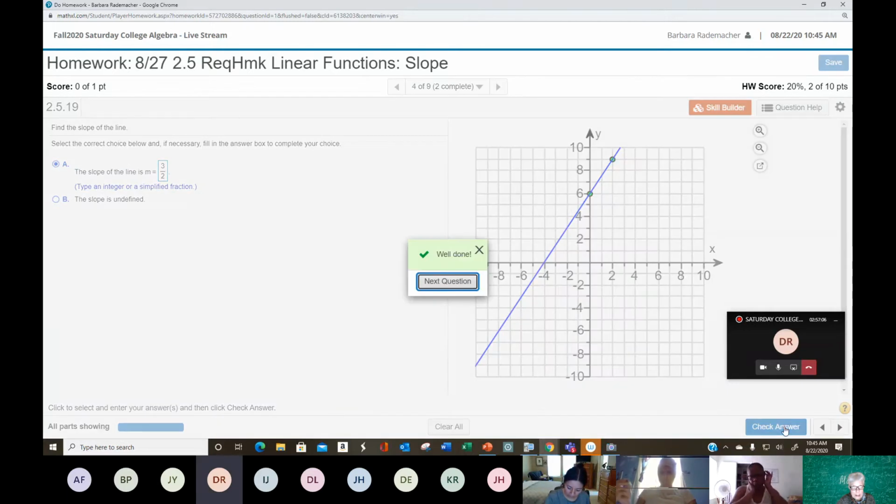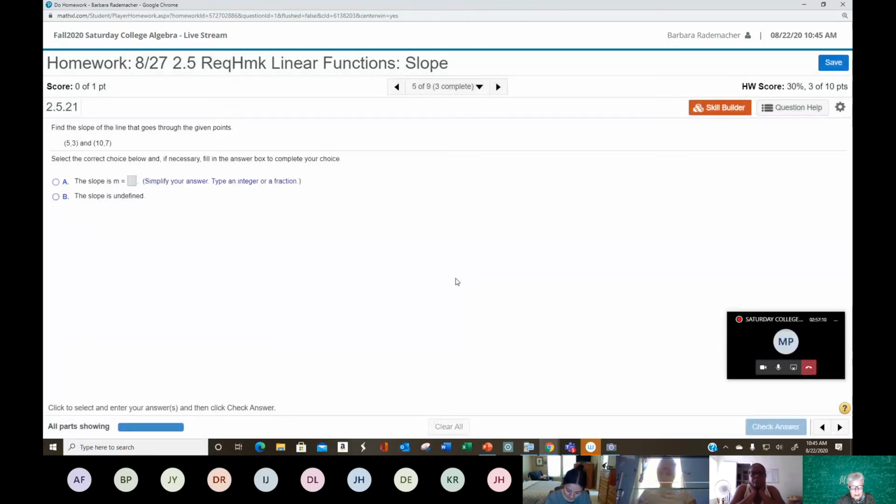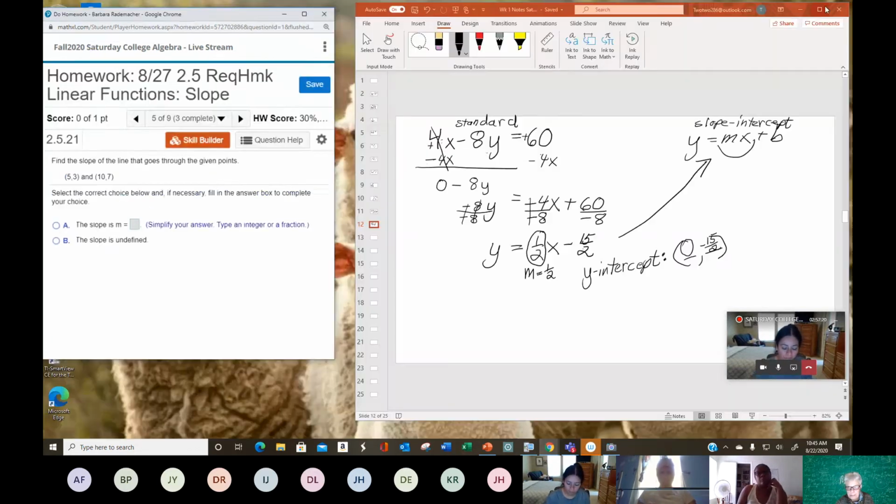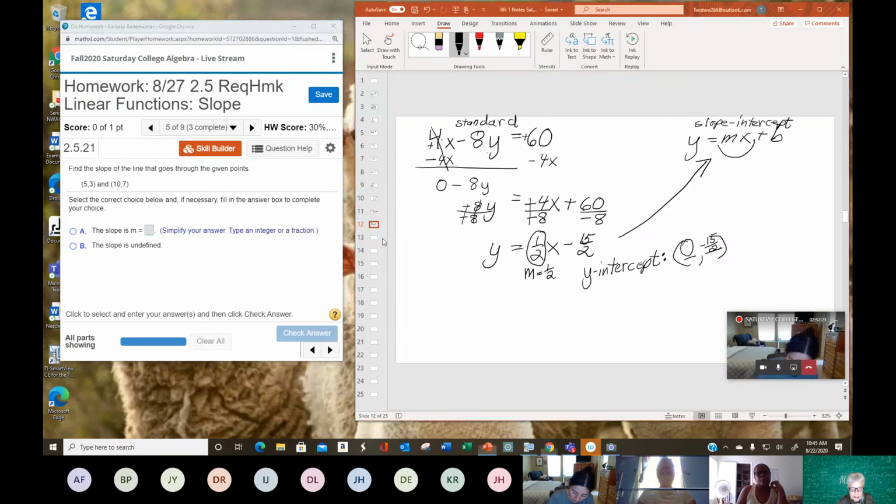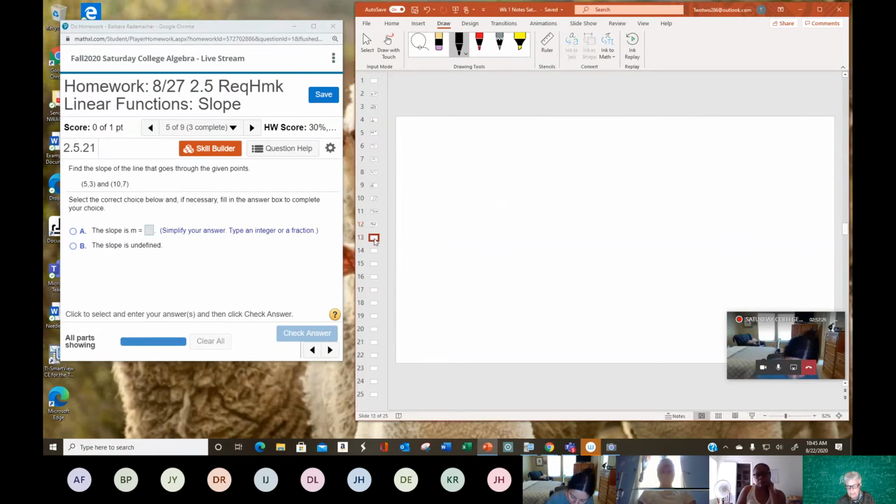Okay, let's check our answer. Very good, but let's look at the normal way to do this. This is the way everybody knows and hates. Calculating the slope.